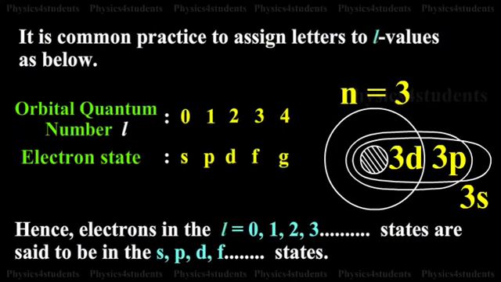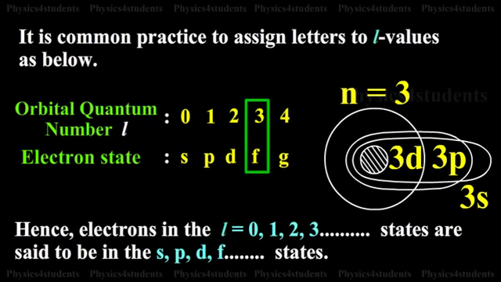It is a common practice to assign letters to l values as given below. When the orbital quantum number is 0, the electron state is s. Orbital quantum number 1, electron state p. Orbital quantum number 2, electron state d.